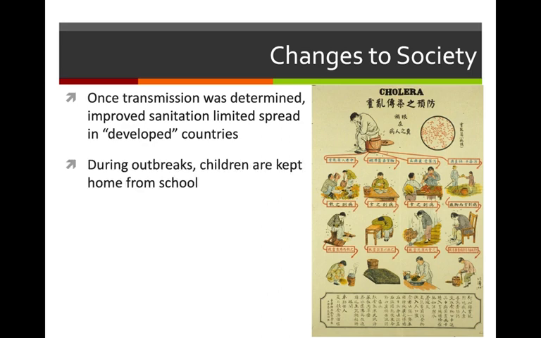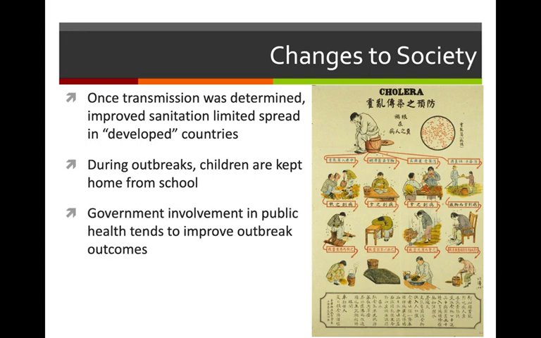During outbreaks, children are kept home from school, and government involvement in public health tends to improve outbreak outcomes. Really what you're talking about is the government of all these countries is responsible for the infrastructure for sanitation, for notifying people how diseases are transmitted. And so in countries where the government gets involved in these aspects and has the resources to deal with it, you tend to see less cholera.